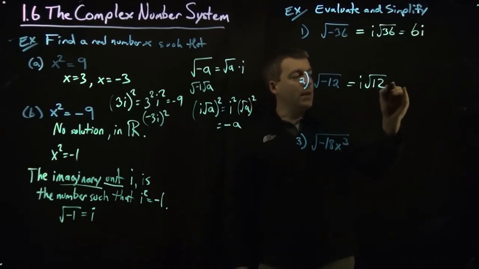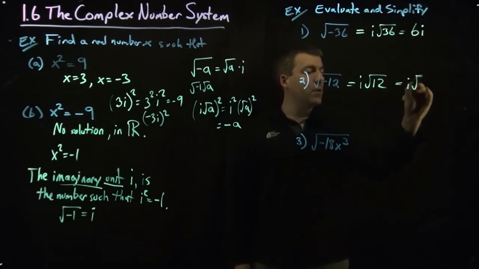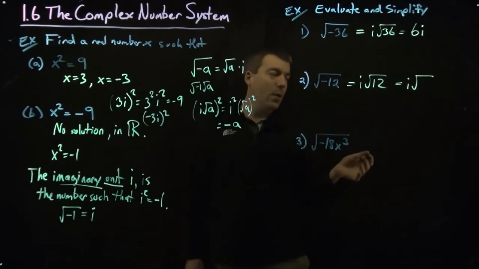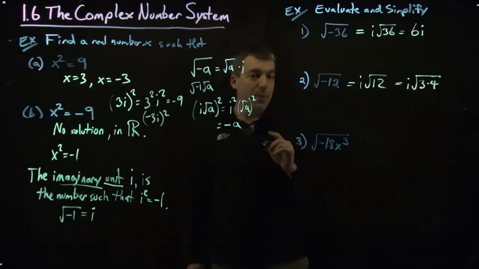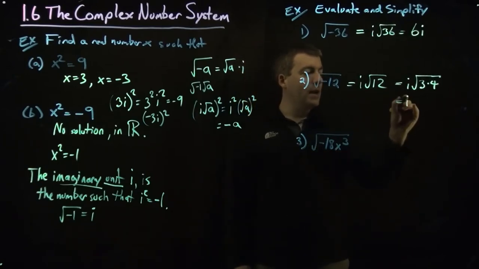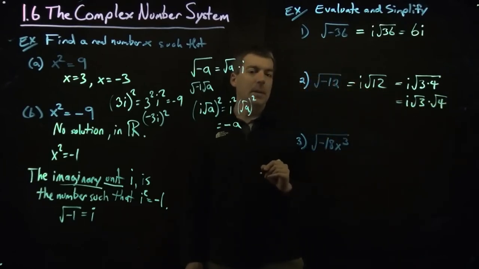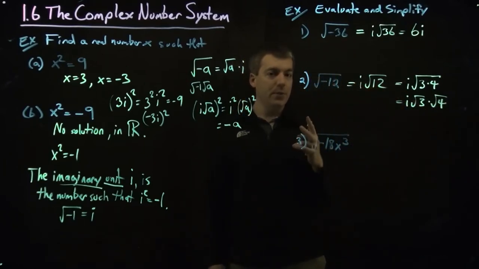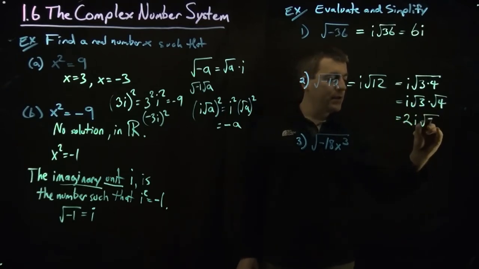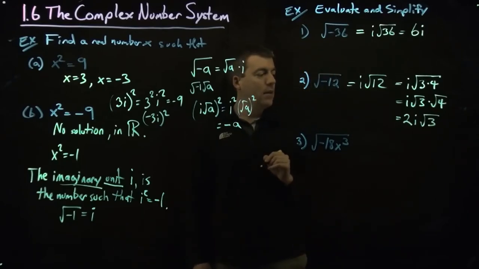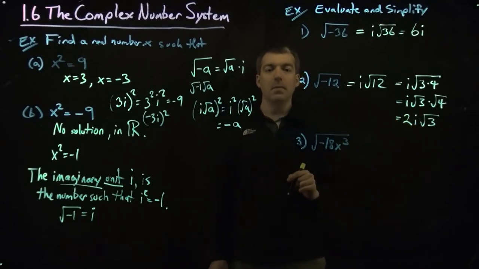So we'll write this as i times the square root of 3 times 4. And then using the properties of square roots, we can write this as i times the square root of 3 times the square root of 4. Now the square root of 4 is 2, so we'll have 2i square root of 3. So the square root of negative 12 is 2i square root of 3.